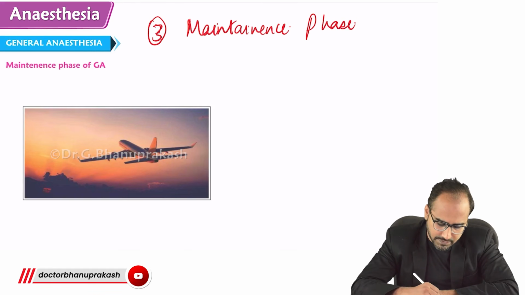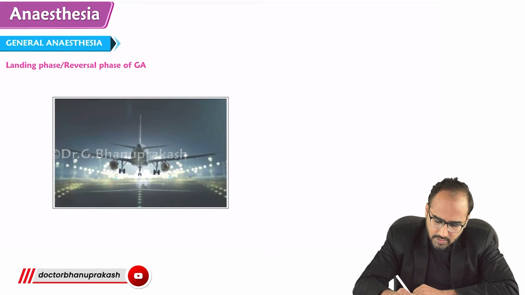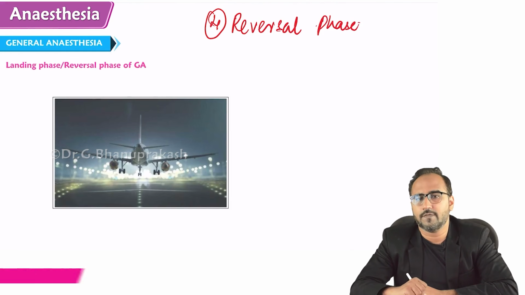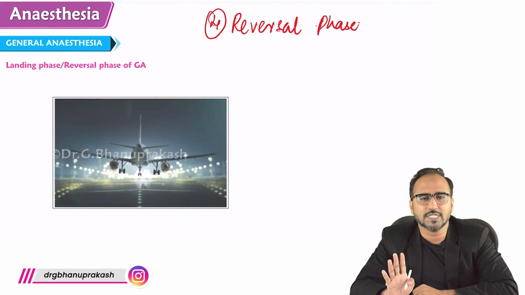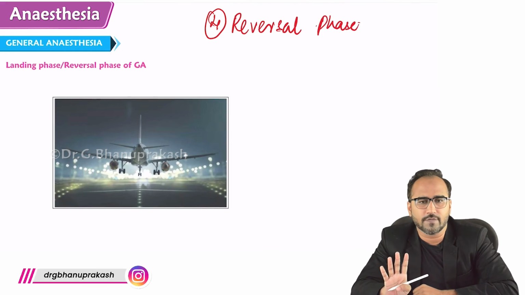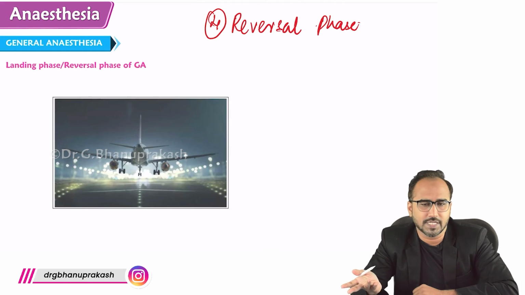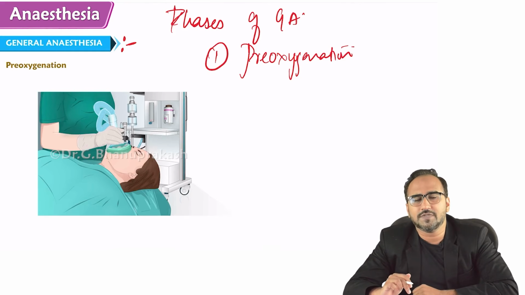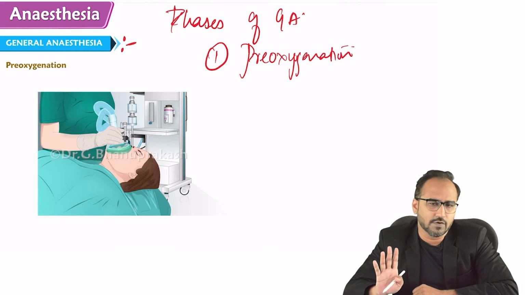And the last phase of general anesthesia is called the reversal phase. There are 4 phases of general anesthesia. In these 4 phases, you make the patient unconscious, and in the last phase, you make the patient conscious. So anyways, guys, if you want to give general anesthesia to the patient, these are the 4 phases.